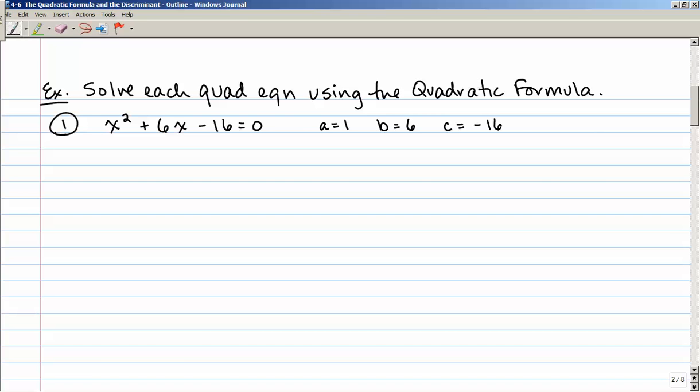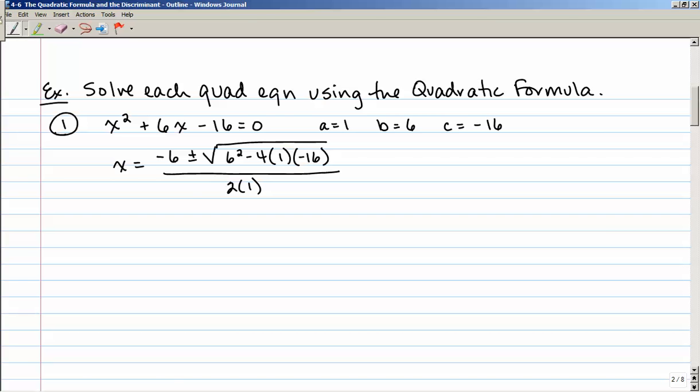And we're just going to plug those into the quadratic formula and then simplify it. So x equals negative b plus or minus the square root of b squared minus 4 times a times c all over 2a.